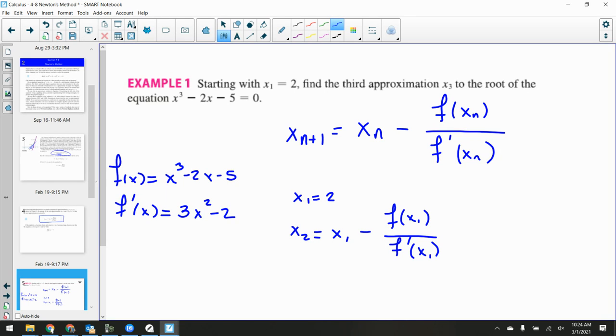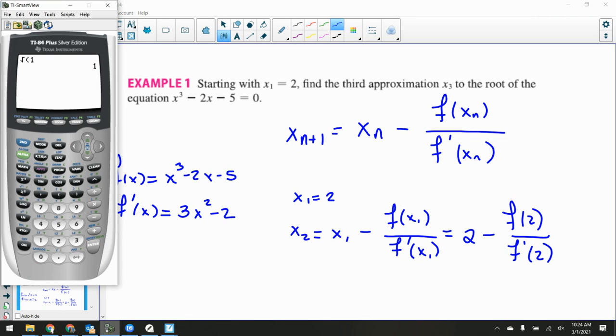Do we know what all those things are? Yeah. x1 is 2. Then we're going to find f of 2 and f prime of 2. So f of 2 is 2 to the third minus 2 times 2 minus 5. I got negative 1 up top.